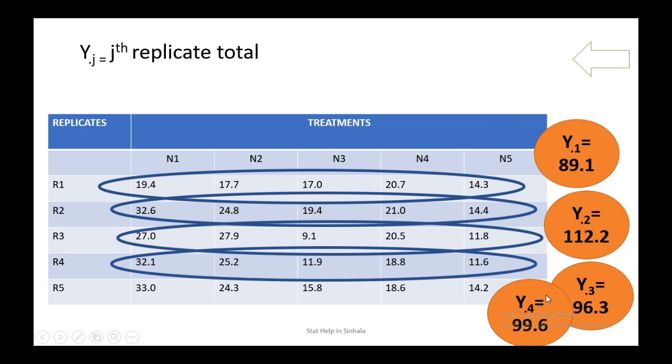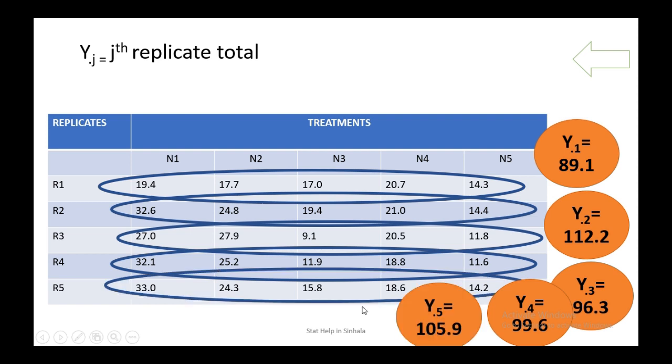Y dot 4 is the total of observations under replicate 4. Y dot 5 is the summation of the observations under replicate 5. I think now you have understood what Yi dot and Y dot j are.